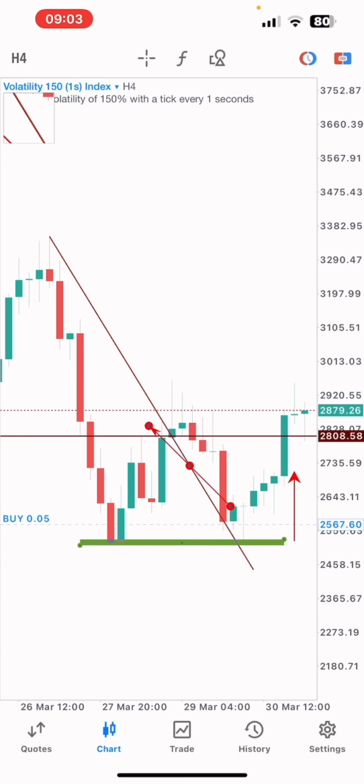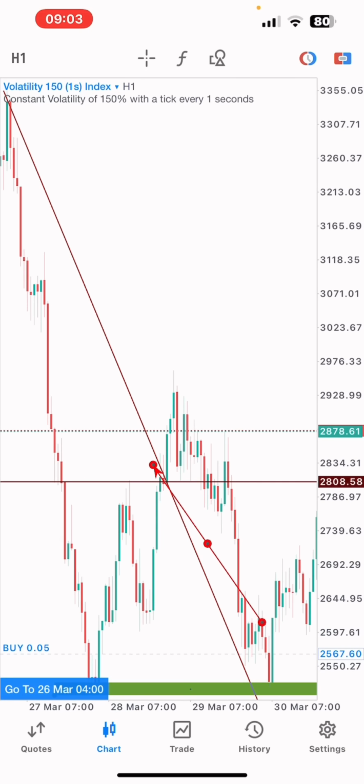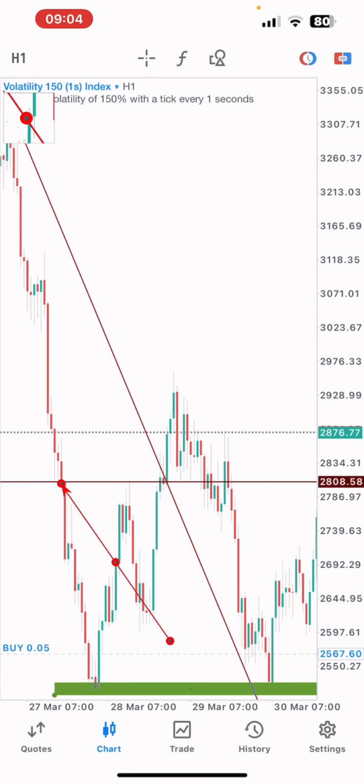So after seeing this, I had to draw my inner trend line. This was the first peak, and then this was the second peak. But there's a trick on why I connected this area as the second peak or as the intersection. The first thing is this rejection candlestick, which is right here.